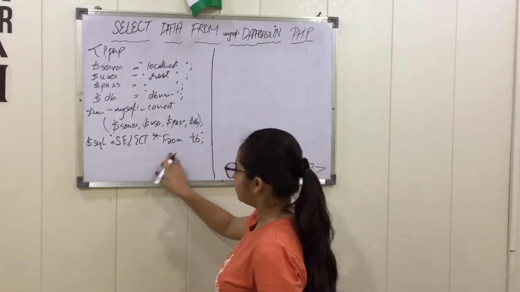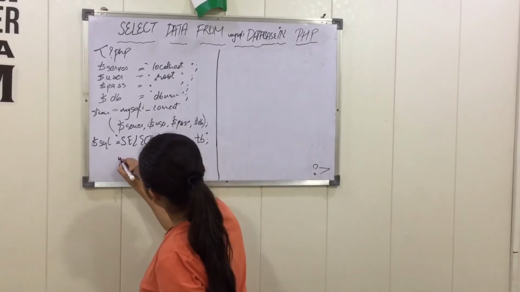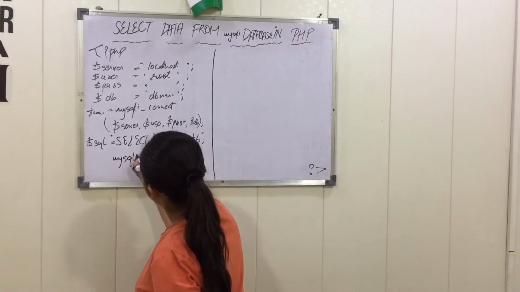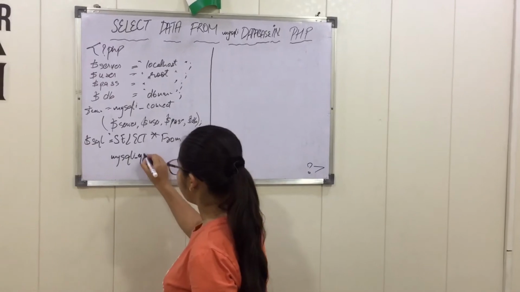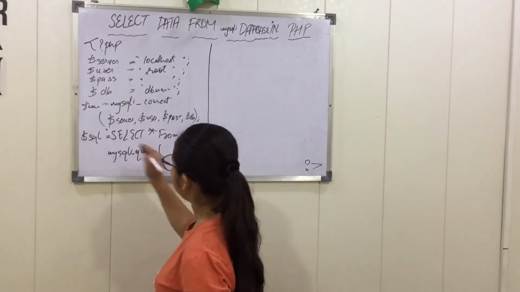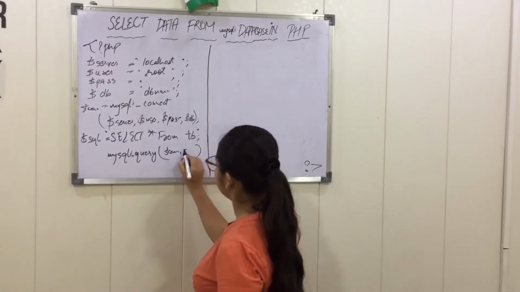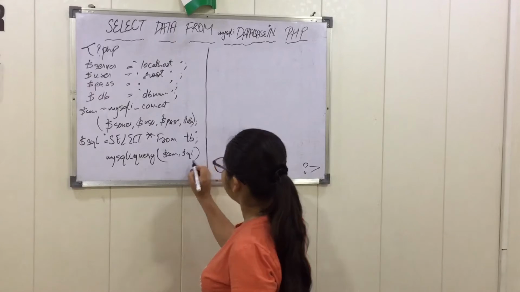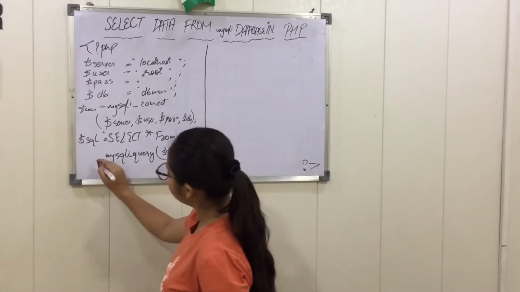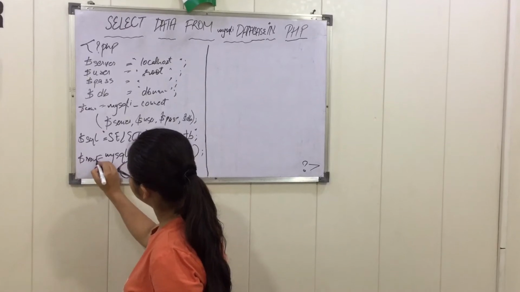To check whether this SQL has been executed, we use mysqli_query, in which we pass the two variables, $con and $sql. After that a semicolon, and we put this into a variable, $result.